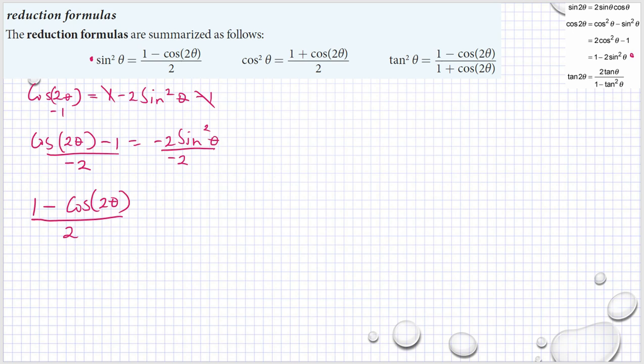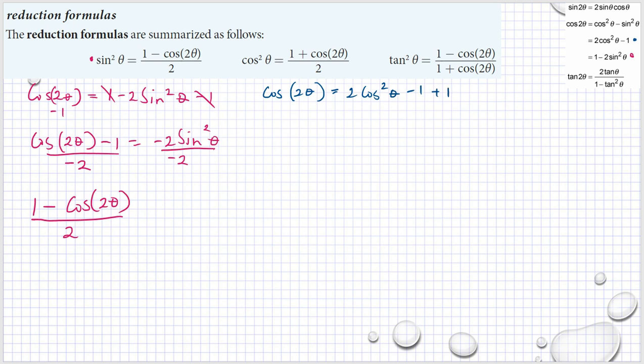And then another, we have cosine squared theta. We know that it is from this formula. So we have cosine 2 theta is equal to 2 cosine squared theta minus 1.